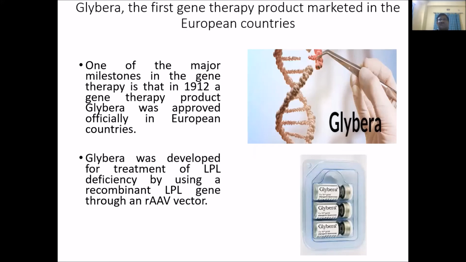The first gene therapy product that was marketed in the European countries was against severe lipoprotein lipase deficiency. It was one of the major milestones in gene therapy, in 2012, when a gene therapy product that could treat lipoprotein lipase deficiency was officially marketed in the European countries.